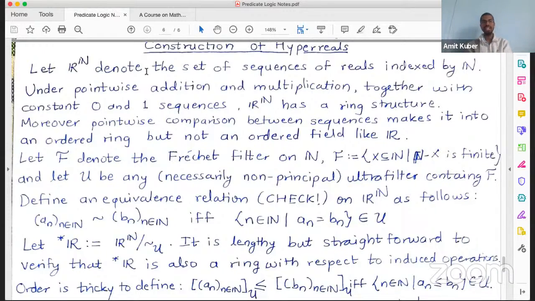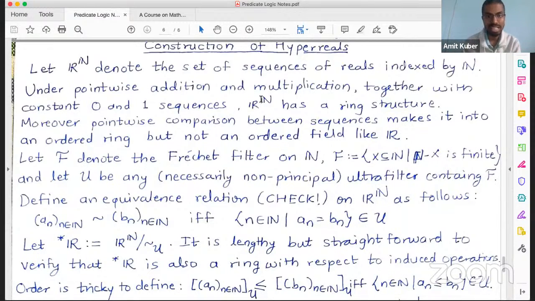So let R^N denote the set of sequences of reals indexed by natural numbers, like a1, a2, ..., an, ..., infinite sequences. Under pointwise addition and multiplication, together with zeros and ones, R^N has a ring structure. We already saw that. Now we have to put some equivalence relation on this R^N so that the equivalence classes behave like hyperreals.